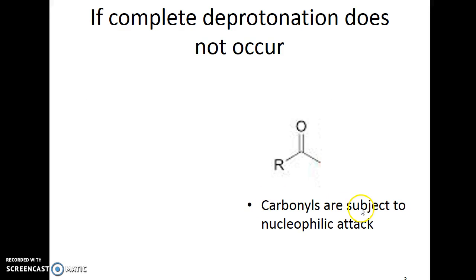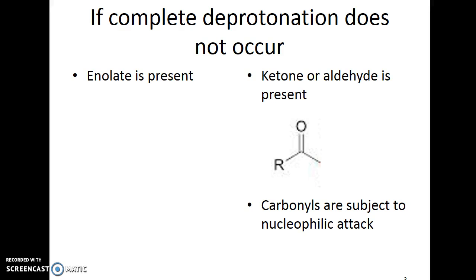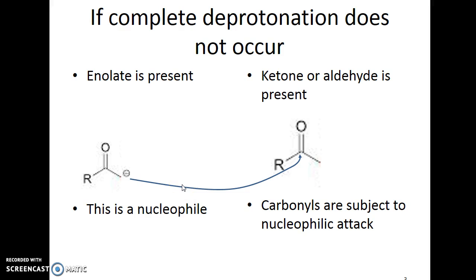If you do not have complete deprotonation, the carbonyls that are left behind are subject to nucleophilic attack. So if you have enolate present and ketone or aldehyde present, what happens? The enolate can be nucleophilic and attack the carbonyl.